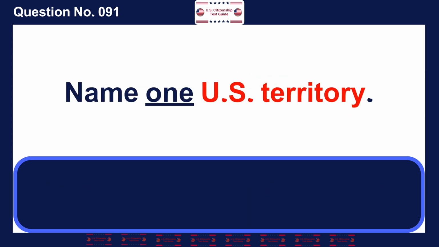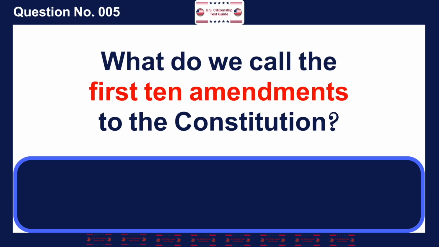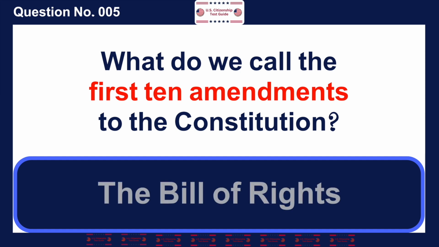Name one U.S. territory. Guam. What do we call the first 10 amendments to the Constitution? The Bill of Rights.